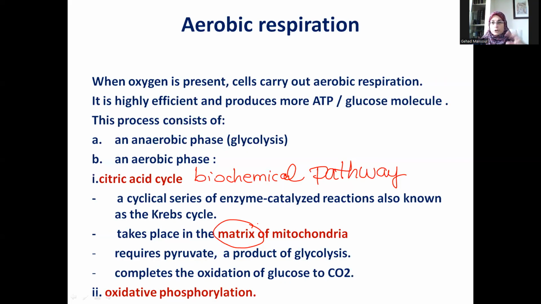It occurs in the jelly-like substance inside the mitochondrion, the matrix, which contains all the necessary enzymes for the reactions of the Krebs cycle. Of course, we need pyruvic acid that results from glycolysis, and therefore glycolysis should always precede the Krebs cycle, and the Krebs cycle shares in completing the oxidation of glucose to carbon dioxide.